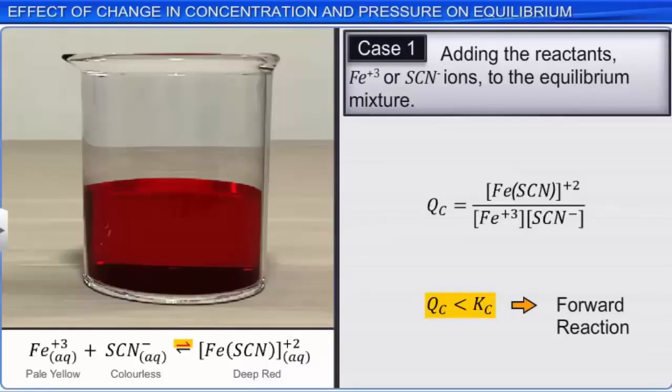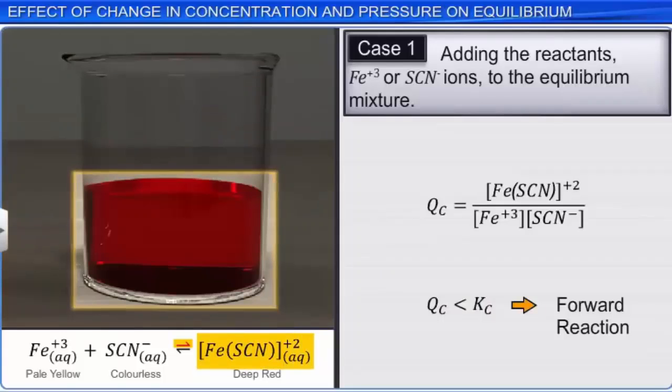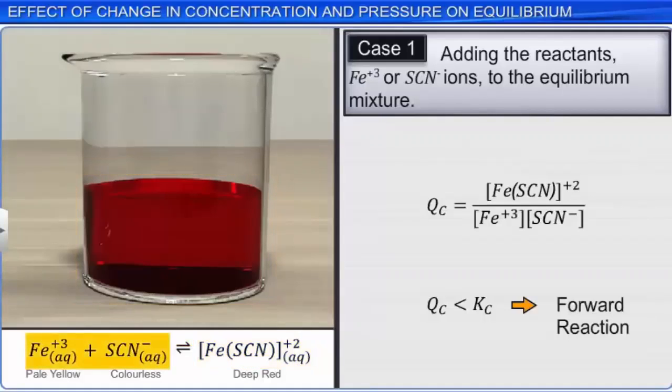That means the reaction proceeds towards the formation of FeSCN²⁺ ions. This is the reason why the solution becomes dark on the addition of more Fe³⁺ or SCN⁻ ions. Hence, in general, we can say that increasing the concentration of any one of the reactants always favors the forward reaction.